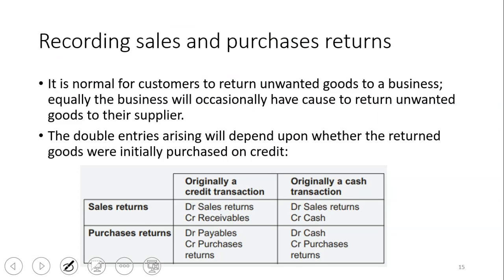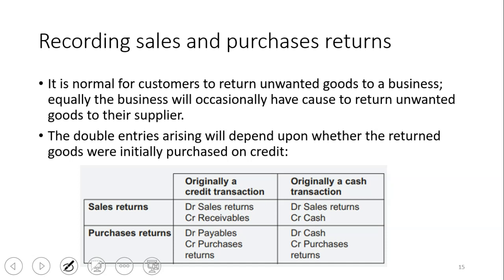And how do we record sales and purchases and returns? It is normal for customers to return unwanted goods to a business. Equally, the business will occasionally have cause to return unwanted goods to their supplier. Sometimes customers return goods because they were oversupplied or the goods were faulty.